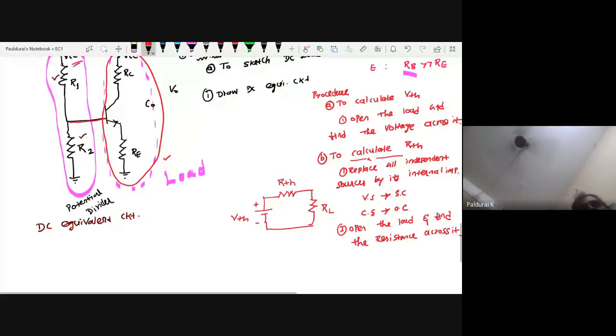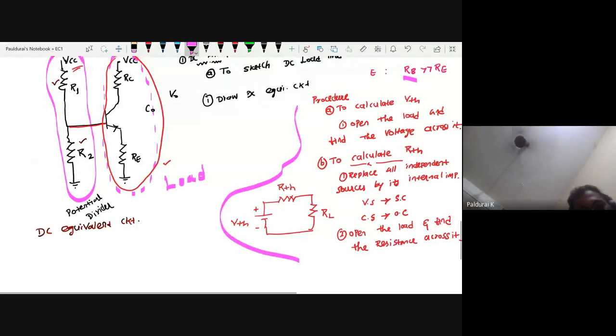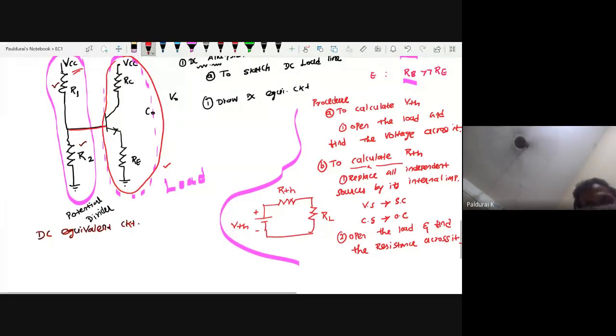So open the load and find the resistance across it. Now can we apply this procedure here? Put the heading: to find VTH. Quite interesting. What do you want to do? You want to open the load.